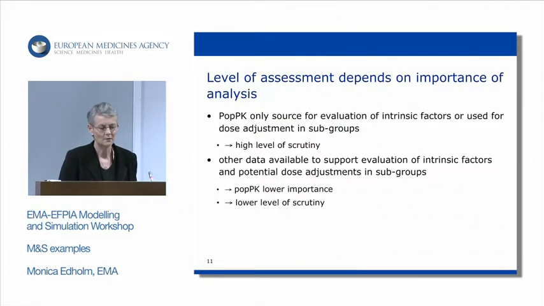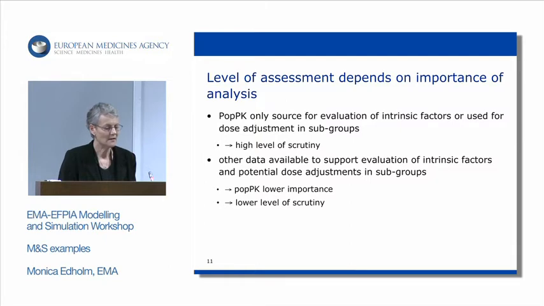So also, as Terry said earlier today, the level of assessment will depend on the importance of the analysis. So if you have a population PK analysis which is the only source of evaluation of the effect of intrinsic factors, or if the analysis is used for dose adjustment in subpopulations, we will have a high level of scrutiny in the assessment.